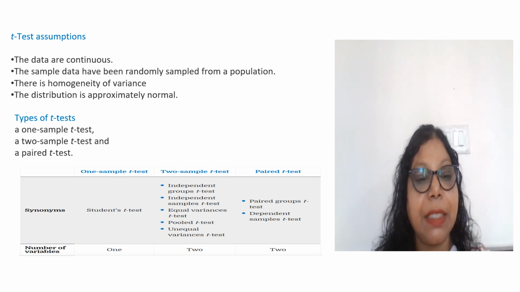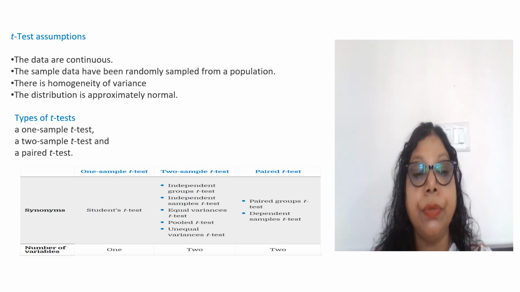So as we can see here in the table, we have student t-test, that is one sample t-test, two sample t-test and the paired t-test. When the number of variables is 1 we use one sample t-test, when the number of variables is 2, we use two sample t-test, and in paired t-test also we have two variables.